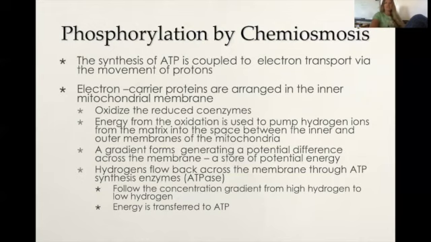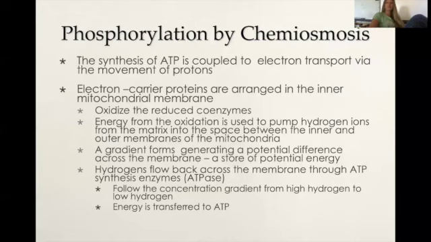Phosphorylation by chemiosmosis. Again, adding phosphates to ADP to make ATP through chemical reactions, chemiosmosis. So the synthesis of ATP is coupled to the electron transport chain via the movement of protons. Electron carrier proteins are arranged on the inner folds of the mitochondrial membrane, the cristae.